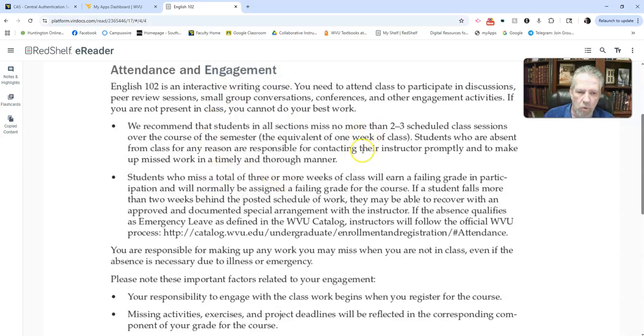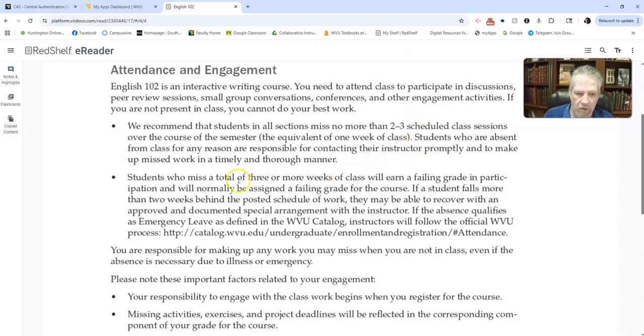If you go 2 full weeks without turning anything in or doing anything that gives you participation, then you can be dropped from the class. 2 to 3 weeks is basically how much time that amounts to.